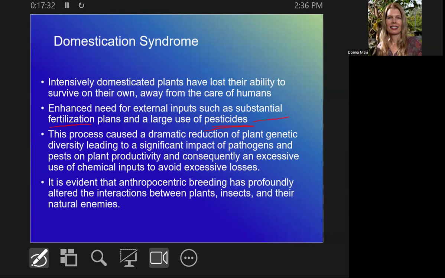And so they're starting to realize that all the selective breeding has really created a lot of unintended consequences. And now with the big push of, what is it, by the year 2050, what are they saying, 10 billion people on this planet, I think they're saying.